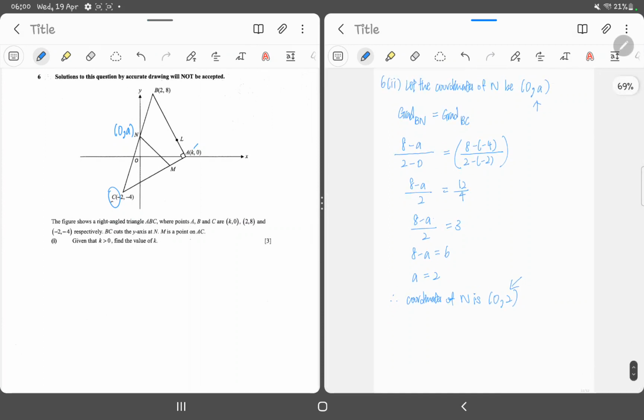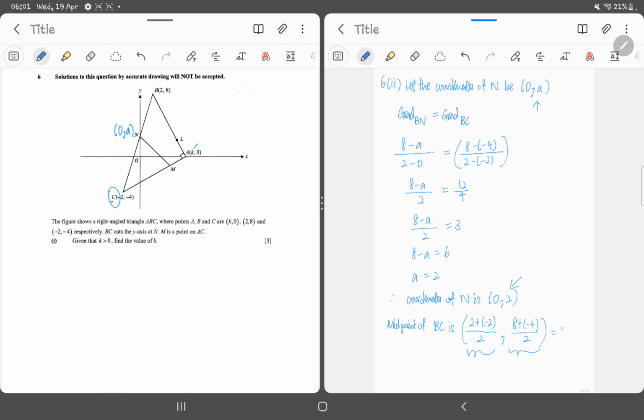You take the sum of the x coordinates of point B and point C, so 2 plus -2 divided by 2, and then the sum of the y coordinates of B and C divided by 2, so 8 plus -4 divided by 2.